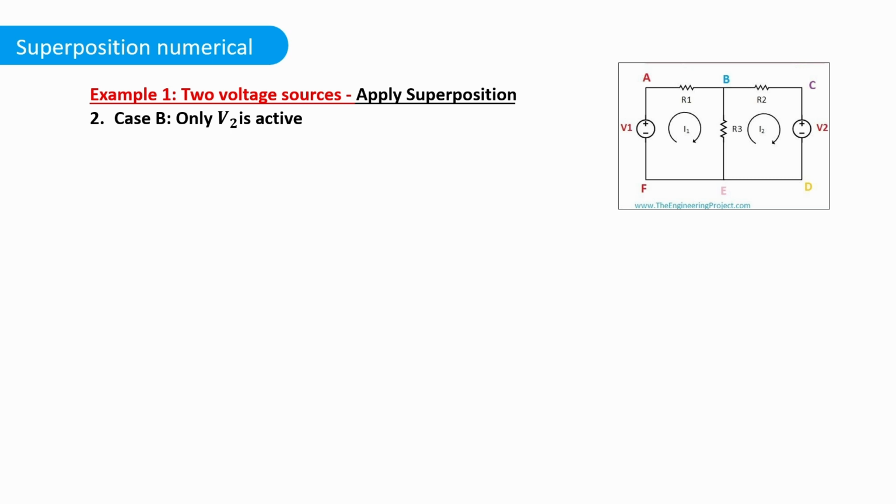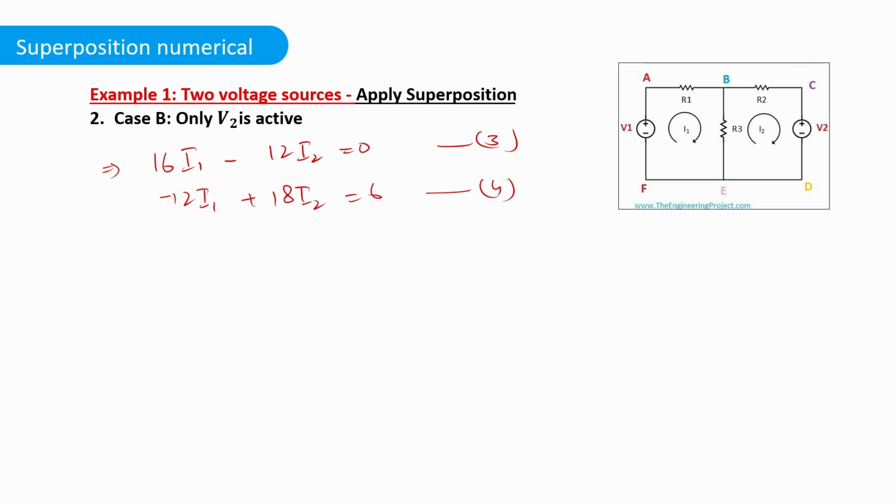So let's rewrite the equations. We got this equation, 16 I1 minus 12 I2 equal to 0. This was the third equation. And our fourth equation was minus 12 I1 plus 18 I2 equal to 6. I told you, use the equation which has 0 on the right-hand side for solving it using linear algebra.